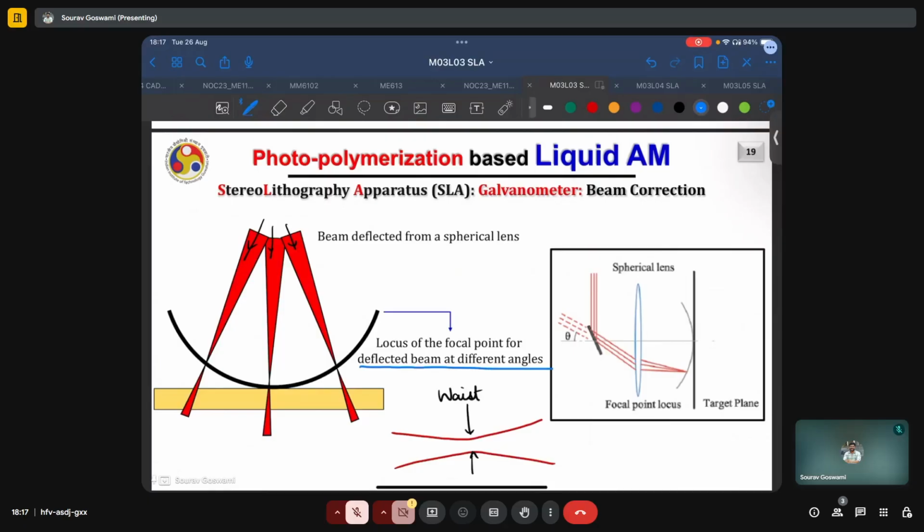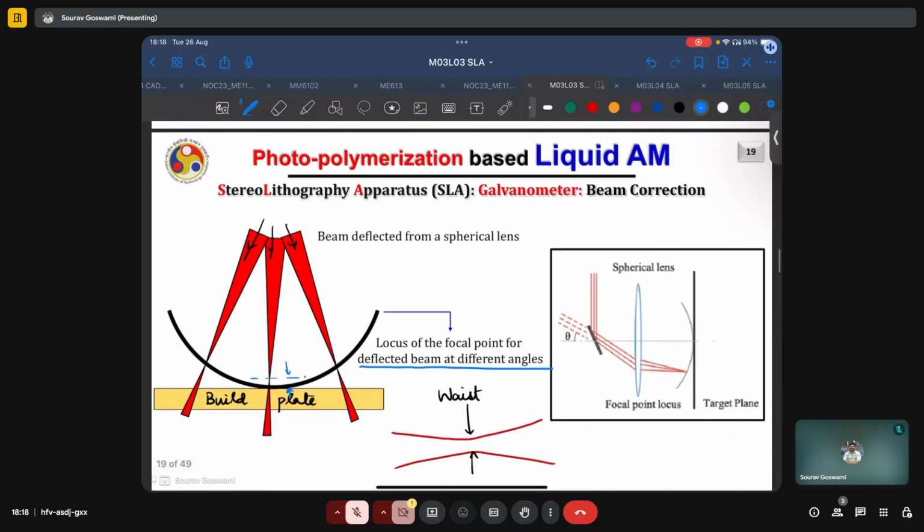And so, for the typical 3D printing cases where our build plate is usually flat, while we tune the working distance so that the focal point or the waist is at a desired distance, say it might be on the substrate itself or at some designated height from the substrate, depending on your process optimization.